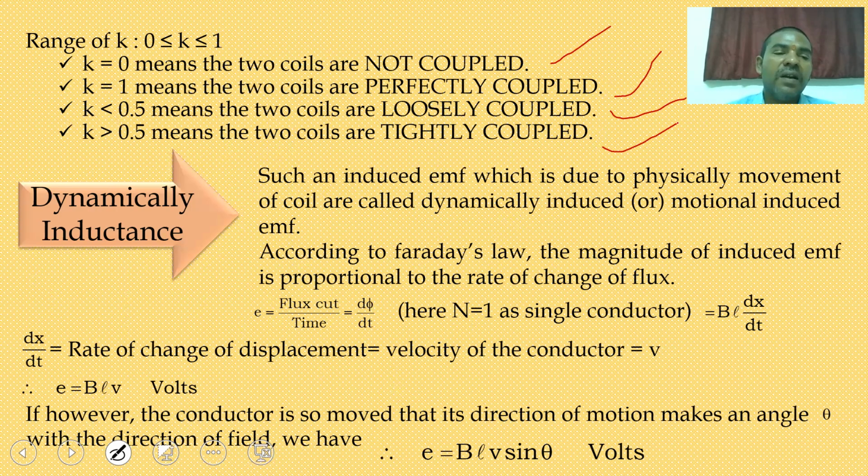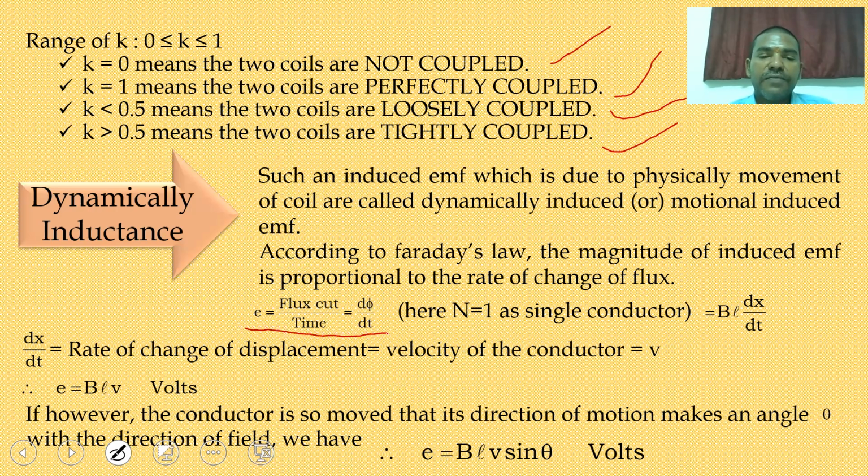Are you understanding? Now come to the last one, dynamically induced EMF. I already told you, let us assume a conductor is rotating in a magnetic field, it induces an EMF. The induced EMF can be represented as the flux cut by the coil with respect to time, that is the rate of change of flux.